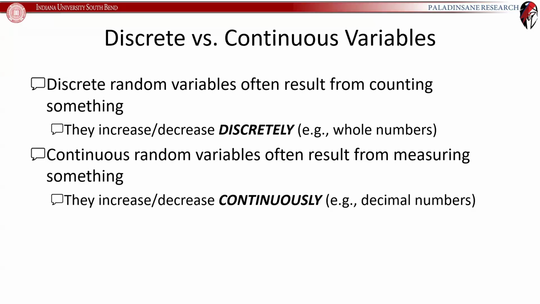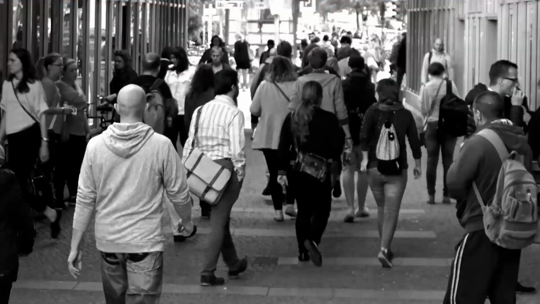So to give you a more concrete example of that, let's say that we were looking at the population of adults, and we were interested in the different types of attachment styles. So we were interested specifically in the avoidant insecure attachment style.